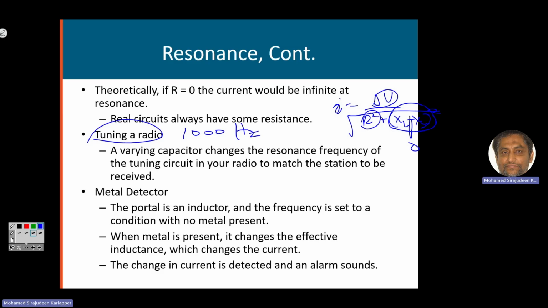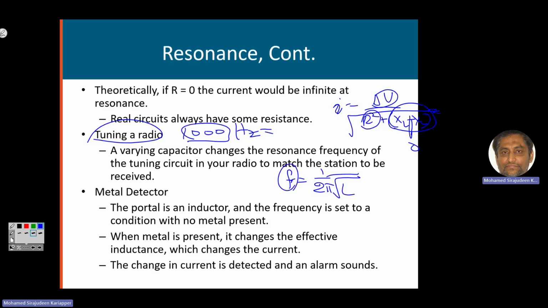If in your circuit, this LCR circuit, you can adjust the resonance frequency to match this frequency, then the current through the circuit will be maximum. That means you are tuning into that particular radio station. And you know the equation is this.